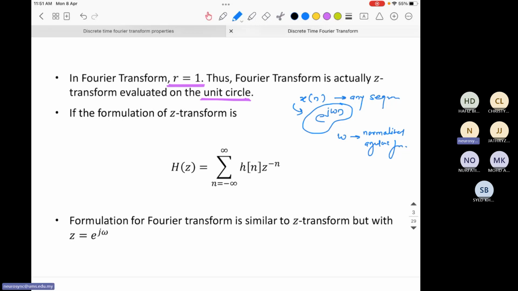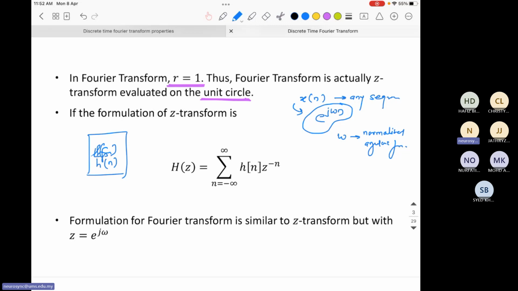Now, for any system, how do we represent the system? We represent the system with its impulse response, so we write h of n.